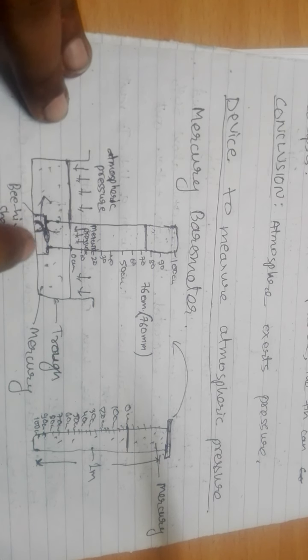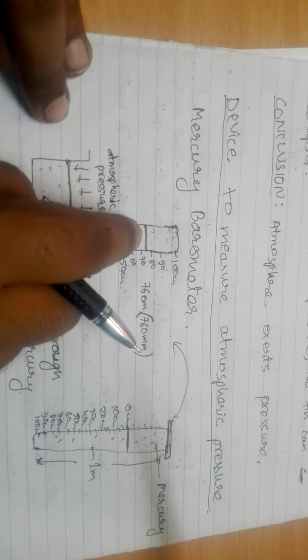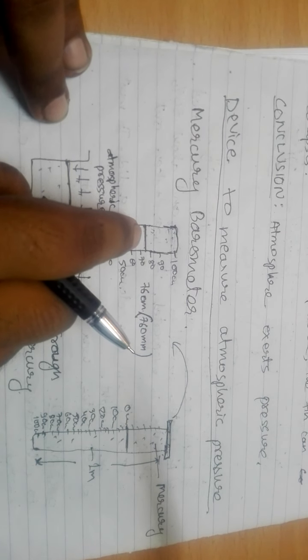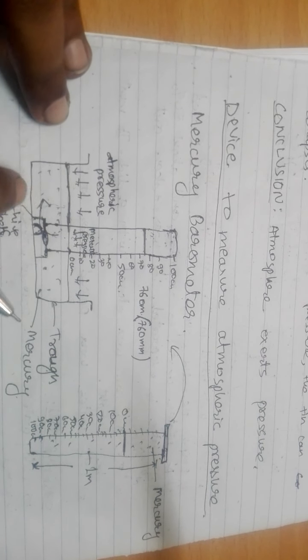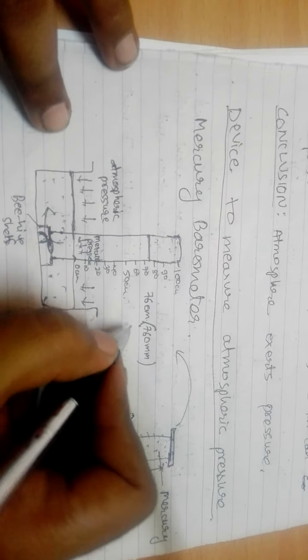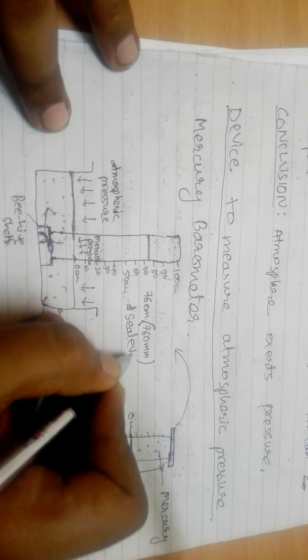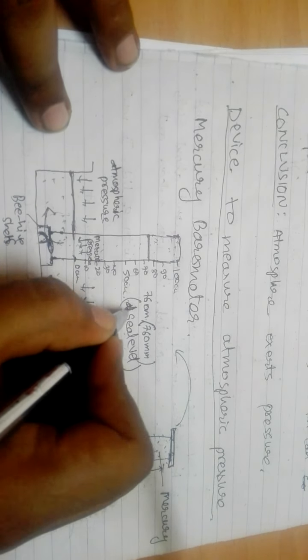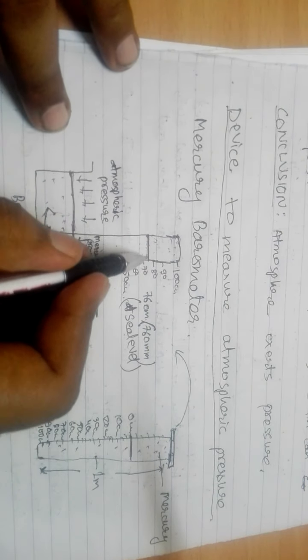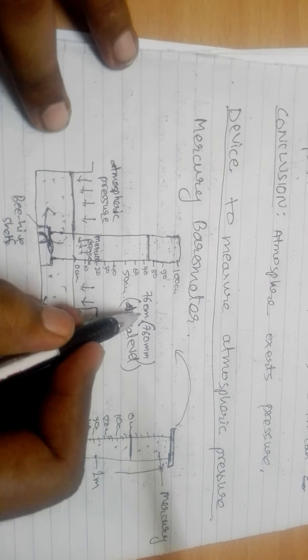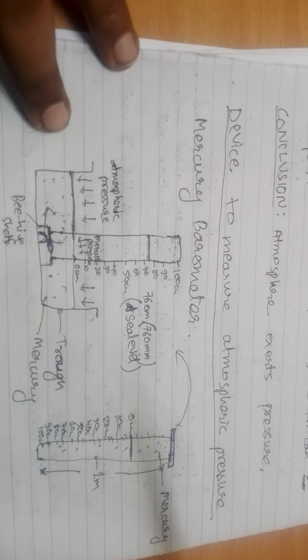If you take it to a place where atmospheric pressure is lower, then the mercuric level will drop even more. If you take it to a place where pressure is more, then the mercuric level will rise up. So when this experiment is conducted at sea level, the mercury stops flowing at 76 centimeter, that means 760 millimeter.